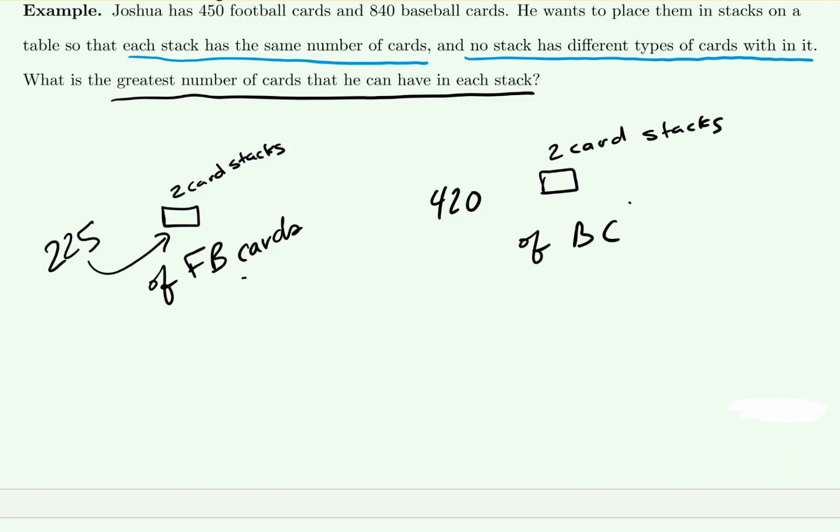But this does not work because it doesn't include the greatest number of cards that could be in each stack. For instance, this is just we've got 2 cards together, but there could be a greater common factor between 450 and 840 than 2. So this is an example of something that doesn't fit this last part of the criteria.